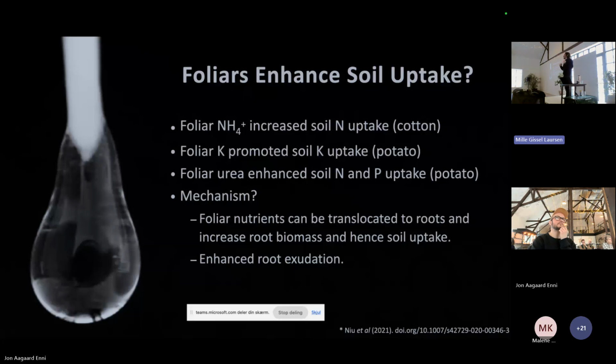Although there are some examples of 100% foliar feeding, particularly in a dairy context. I've seen some guys that have transitioned to 100% foliar feeding, and it seems to be working really well. So in some instances, maybe, but generally, fine.